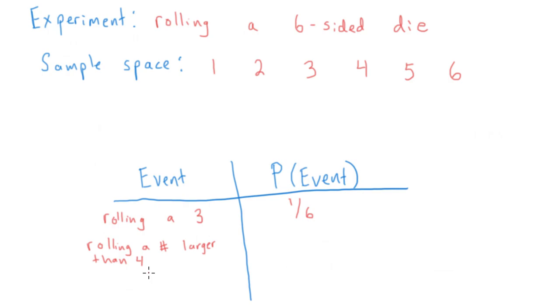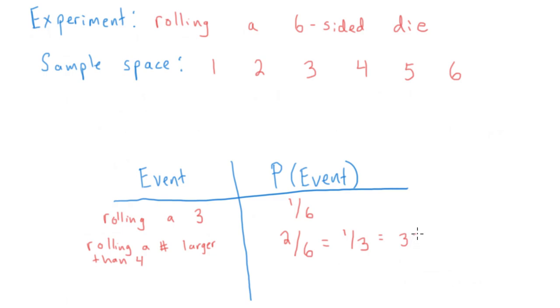And just to specify, I'll say larger than means not including 4, so either a 5 or a 6. So now I look at my sample space, and I look at my outcomes, which ones are favorable to the event rolling a number larger than 4? Well, 5 and 6. So there are 2 outcomes that are favorable to rolling a number larger than 4 out of the total number of outcomes, which is 6. Okay, so the probability, this is a fraction, so we can simplify it, is 1/3.